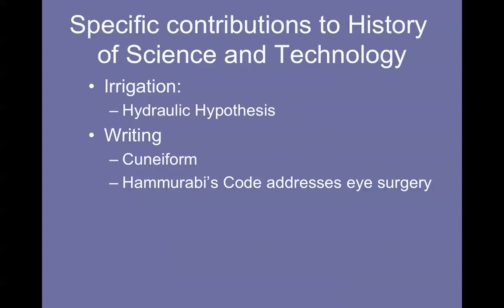So we have specifically in Hammurabi's Code an example of surgeons conducting cataract surgery. Yes, in Mesopotamia, as early as 1700 BC, if not before, we have doctors, so-called medical professionals, who are attempting to remove cataracts from people's eyes using surgery.